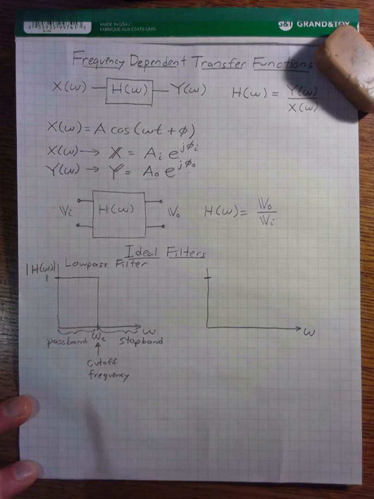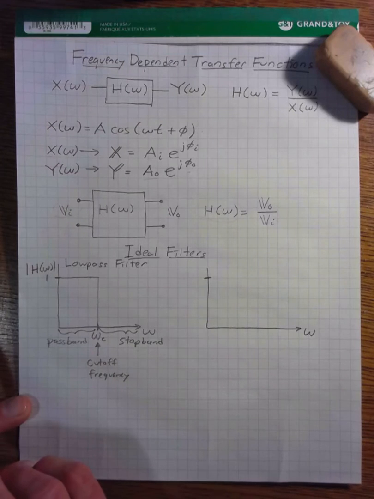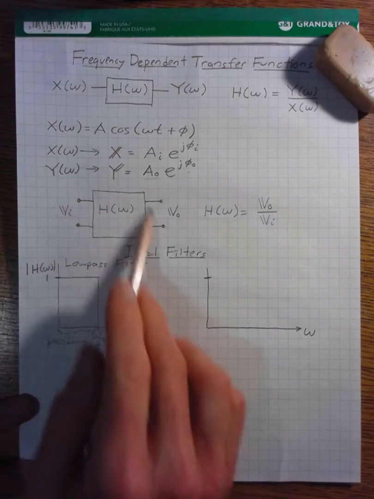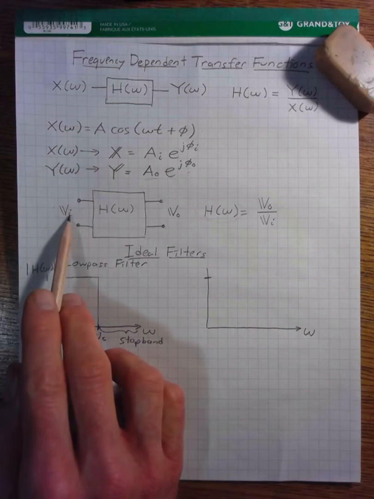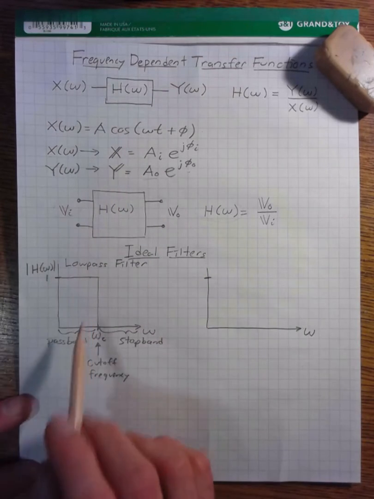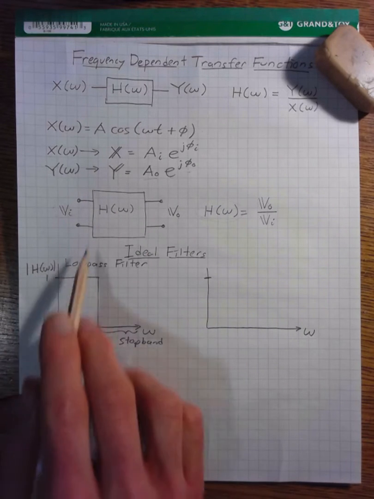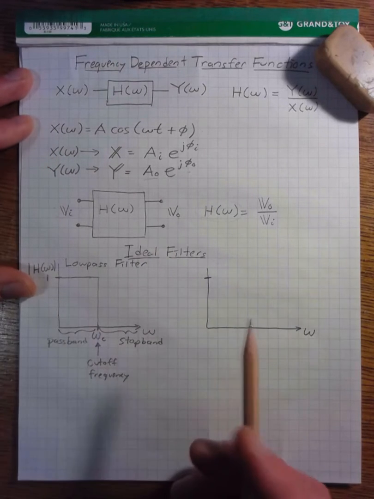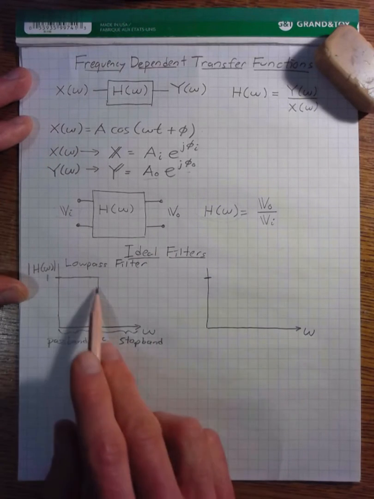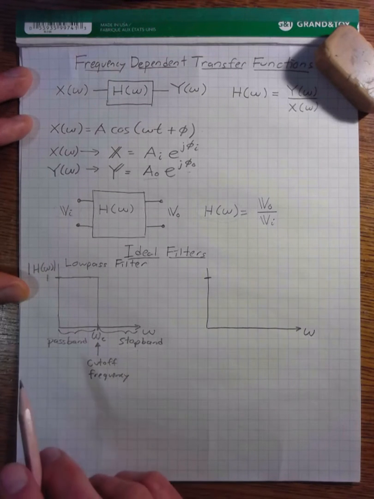So basically we could take a sinusoid, feed it into our filter circuit, and as long as the oscillation frequency of our sinusoid omega was below our cutoff frequency, our sinusoid would pass through basically unchanged, possibly with a phase shift. But once we hit omega c, then all of those signals are blocked.